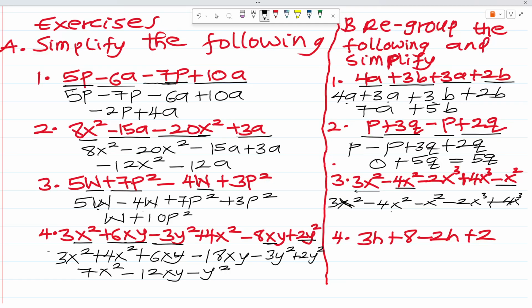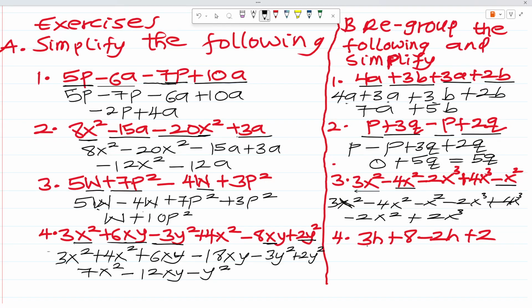So 3 minus 4 gives us negative 1. Negative 1 minus 1, so we have negative 2x squared. The next one is negative 2x cubed plus 4x cubed gives us positive 2x cubed.